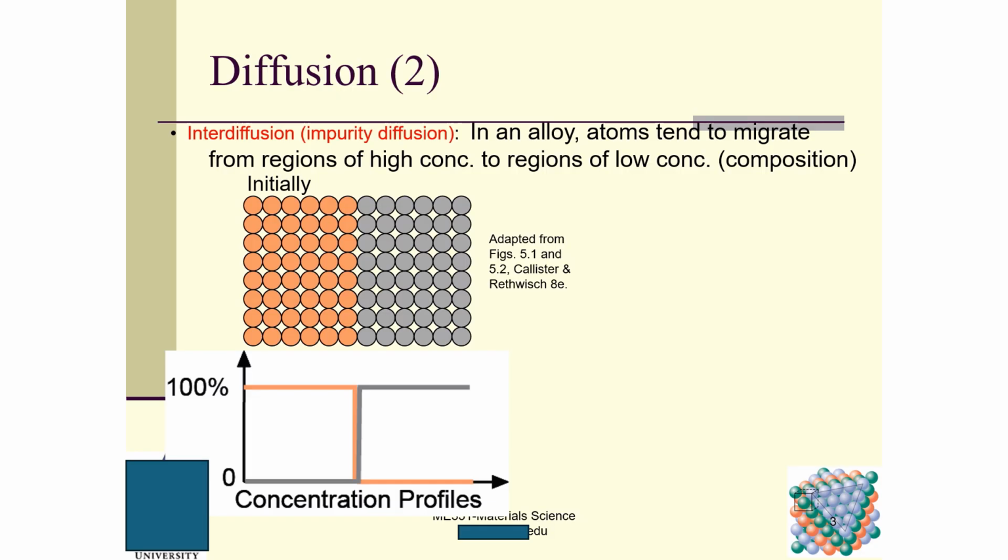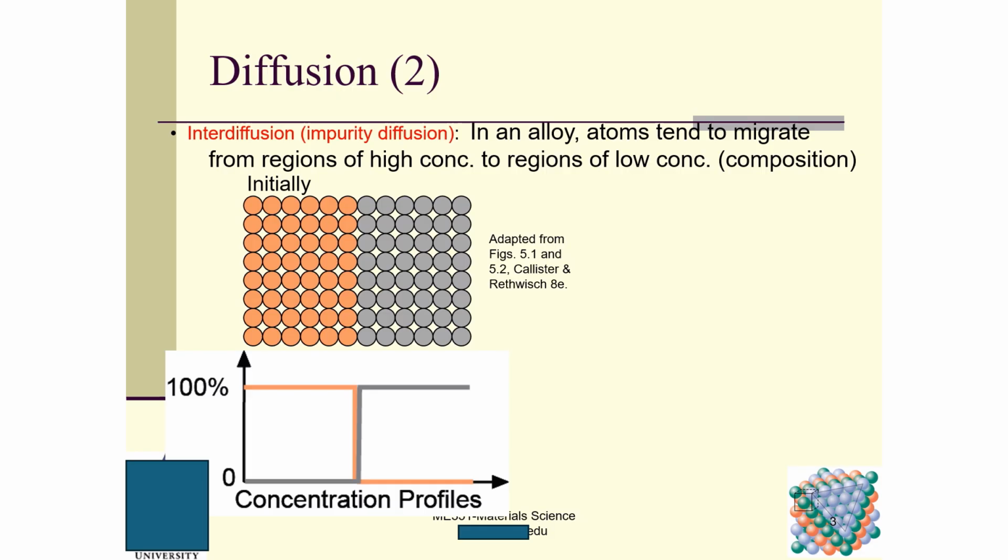That means on the left side we only have atom A, and on the right side we have only atom B. Here is the concentration profile.